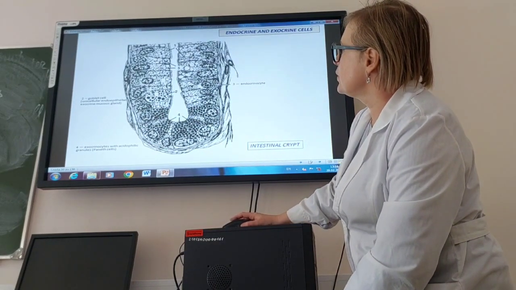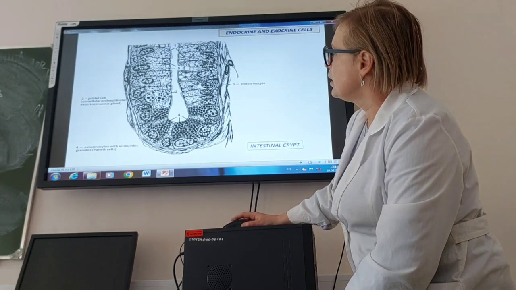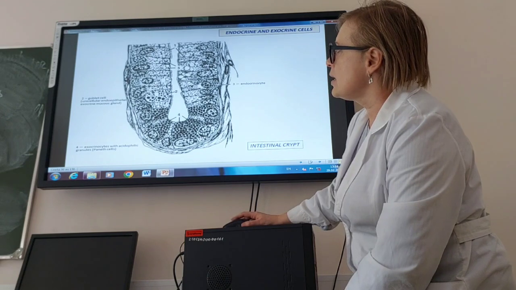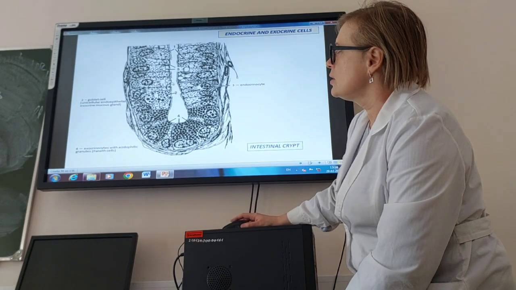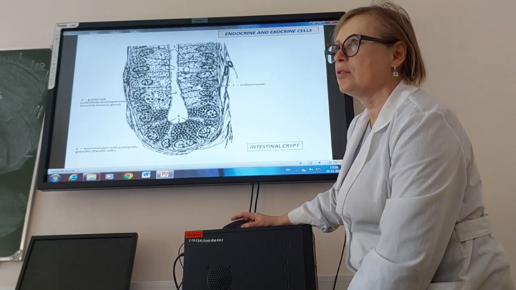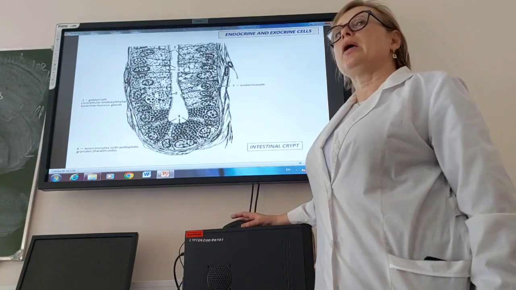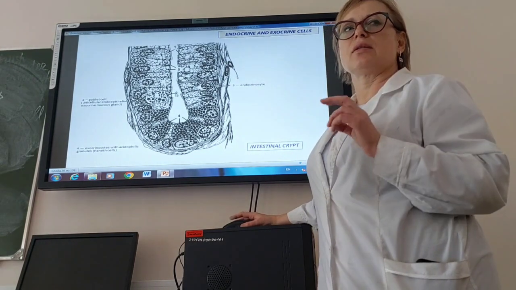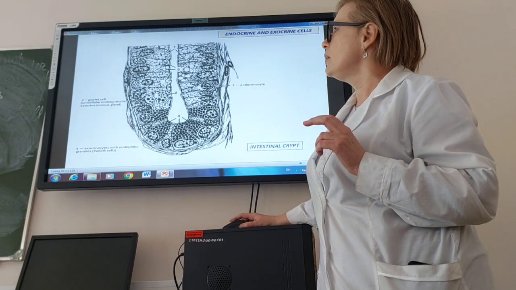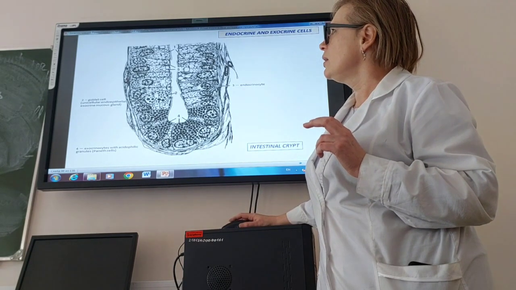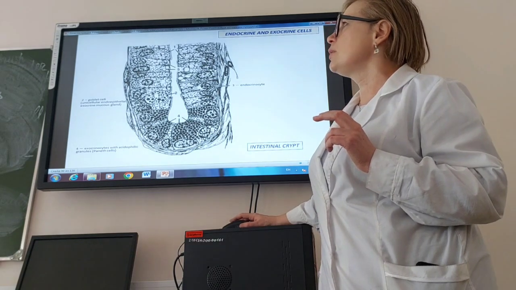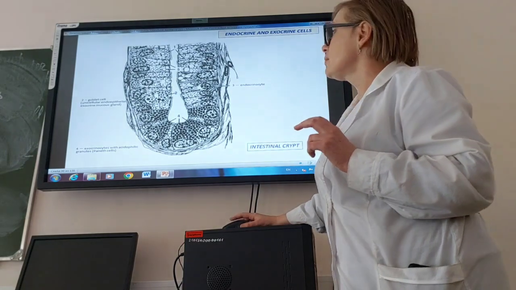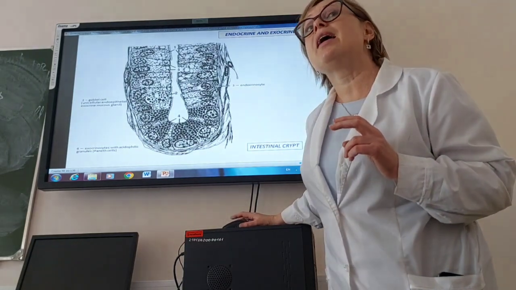For example, let's compare this cell and this cell. Is this exocrine or endocrine? We can see granules here and these granules. Which of these cells will be exocrine? They have a duct, so... No. Now we compare only the cells, two cells. Among epithelial cells, for example, this cell and this. Which of these cells will be exocrine? Number 2 is exocrine.